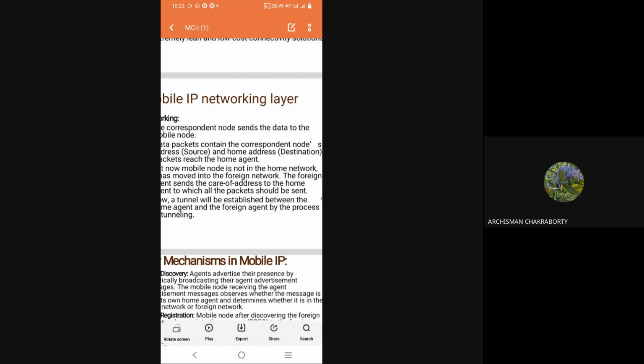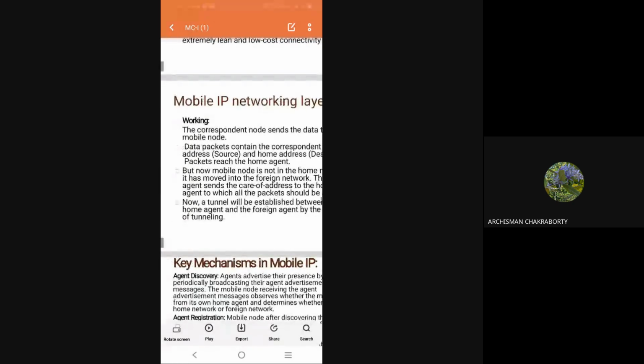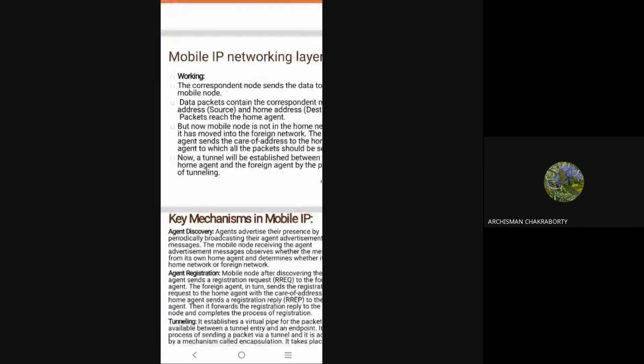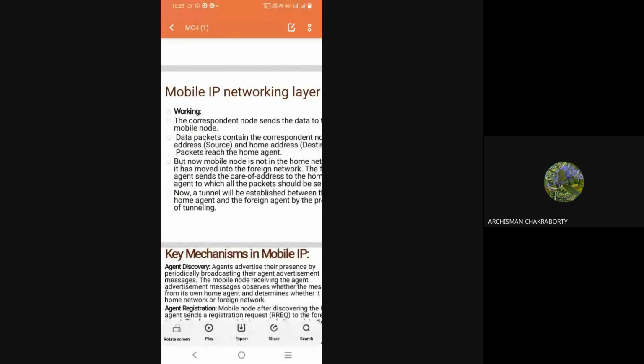Data packets contain the corresponding node address and home address. Packets reach the home agent. So when a message comes to you from a device, known here as the correspondent node, it does not contain only the data itself.